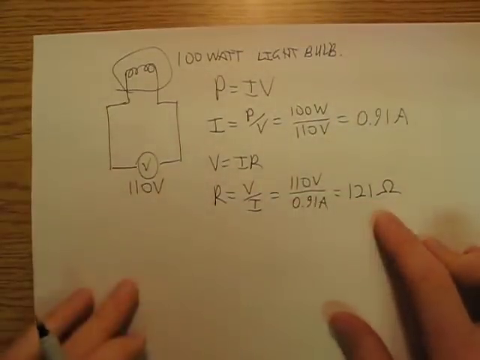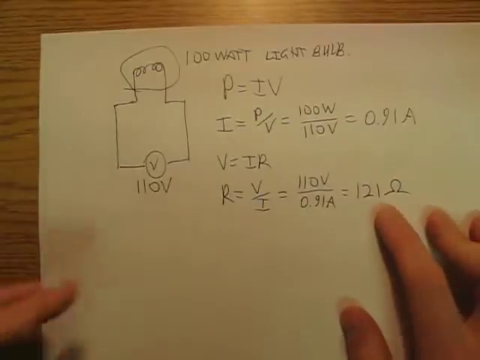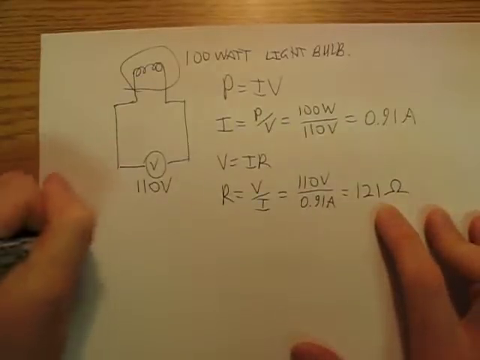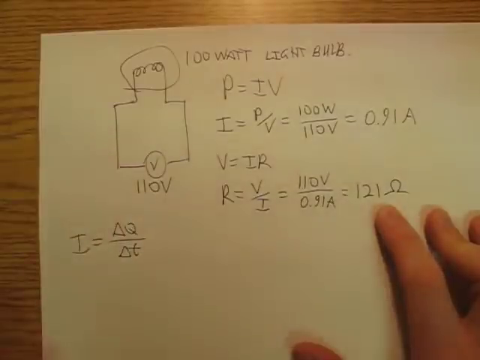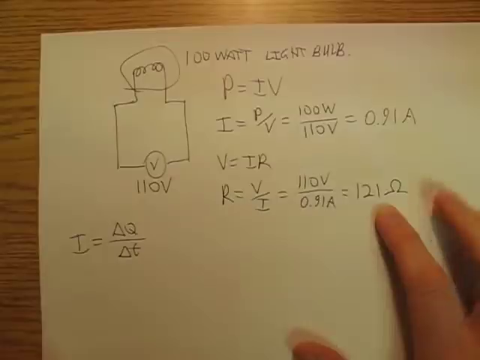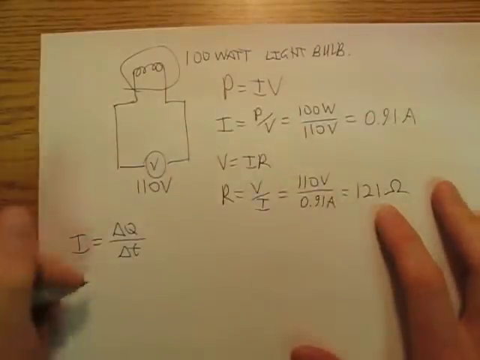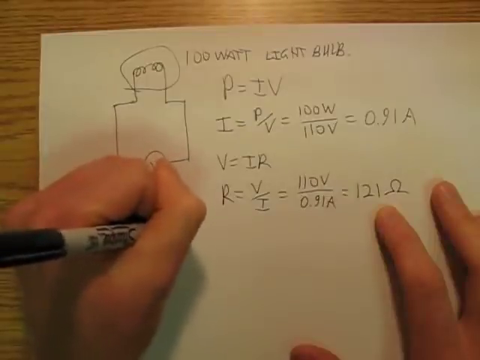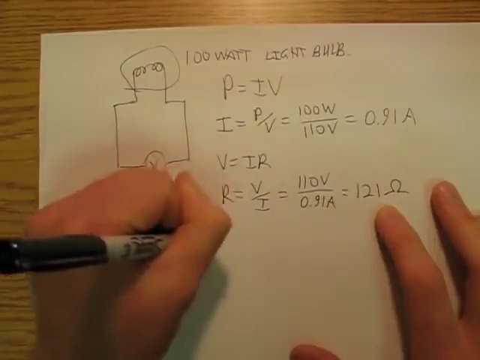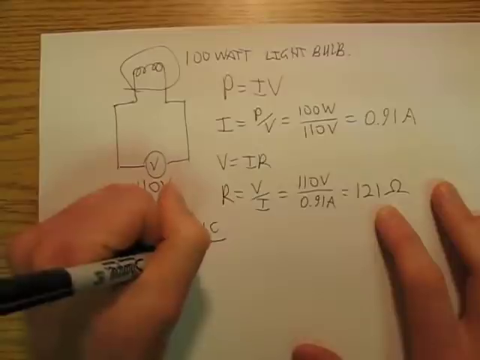And where do I want to go from here? I can say that I is change in Q over change in T, and so it is drawing 0.91 coulombs every second.